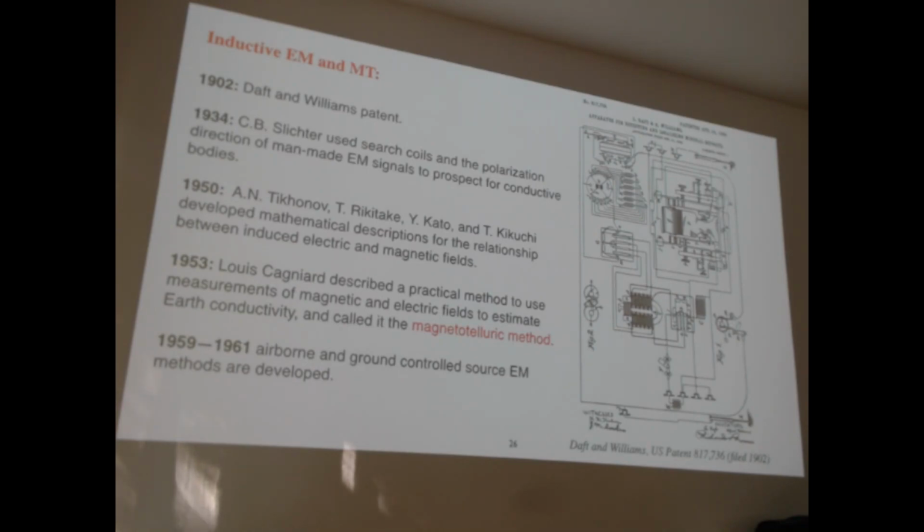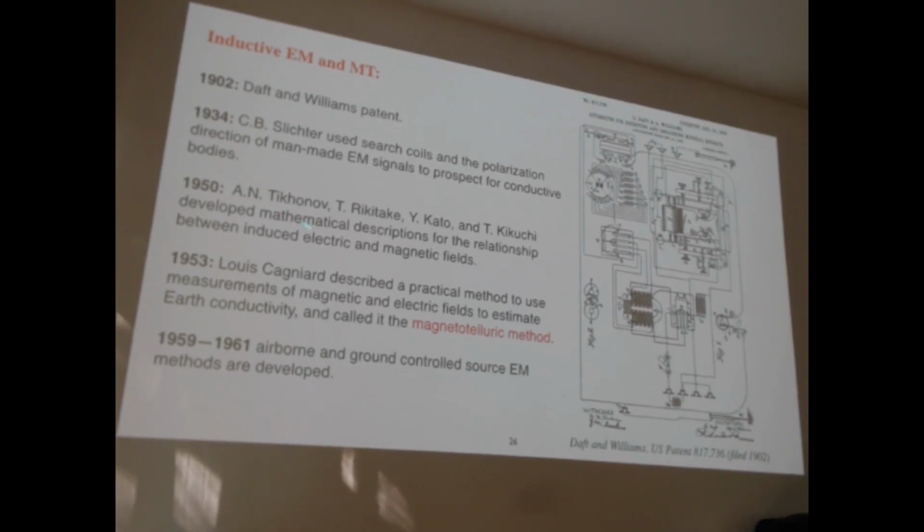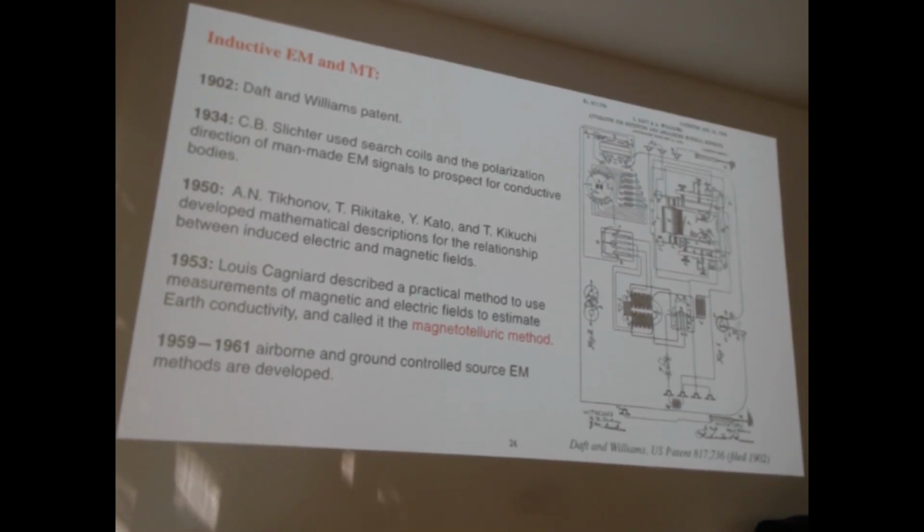So they worked out the possibility and did some of the theory. Louis Cagniard from France described the magnetotelluric method as a practical method. There's a lot of argument about who invented magnetotellurics. Was it Tikhonov? Was it Rikitake? Was it Cagniard? The answer is they were all working on it, but it was Cagniard who actually made the proposal and the name.